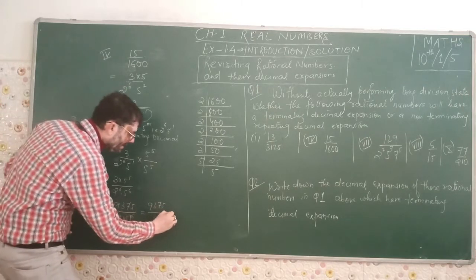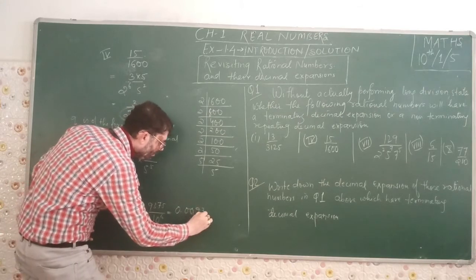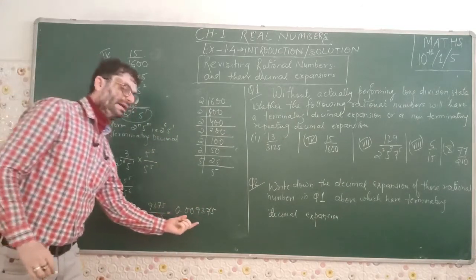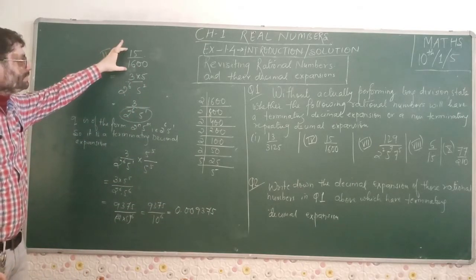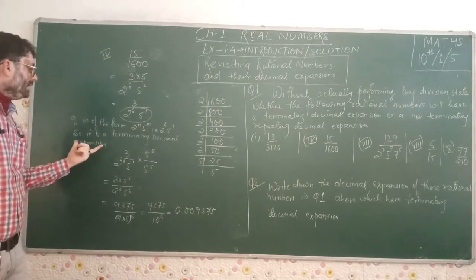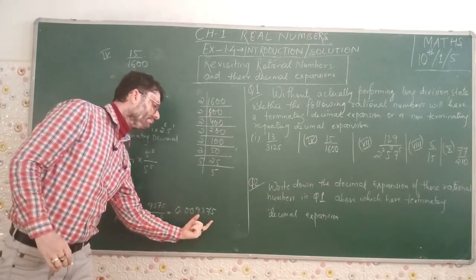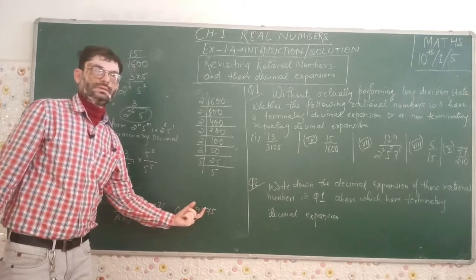So we will have to write in decimal form 0.009375. This is the decimal expanded form of 15 by 1600, which was a terminating decimal expansion, and whose decimal expanded form is 0.009375, which we have got without actually doing long division.